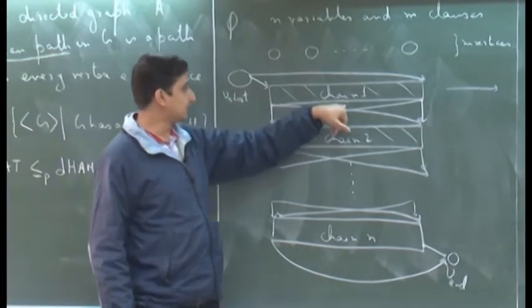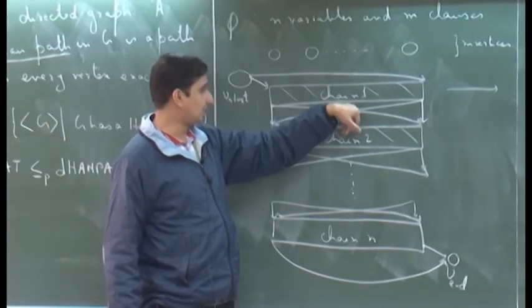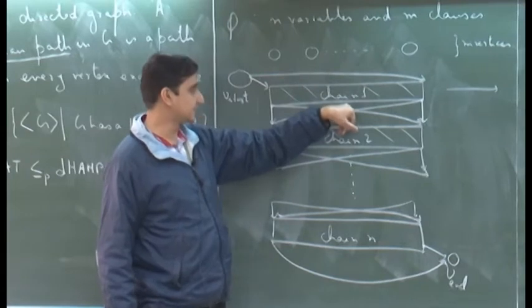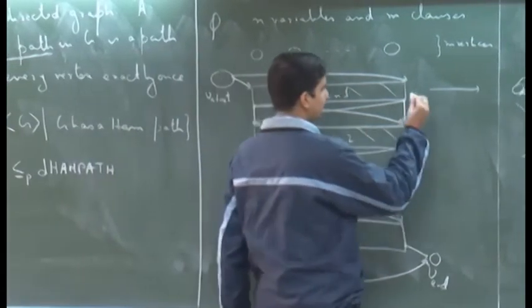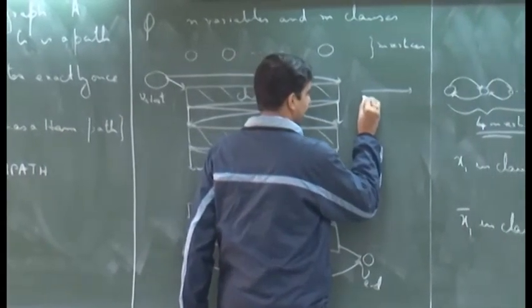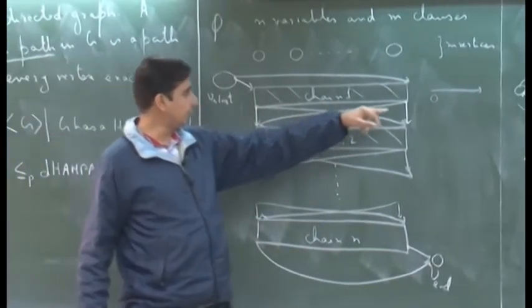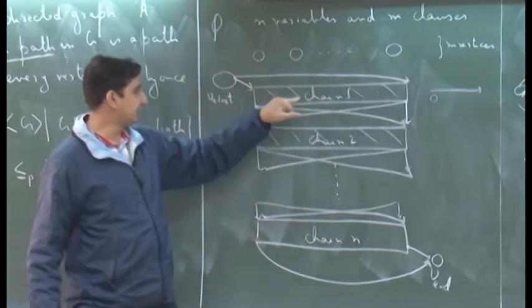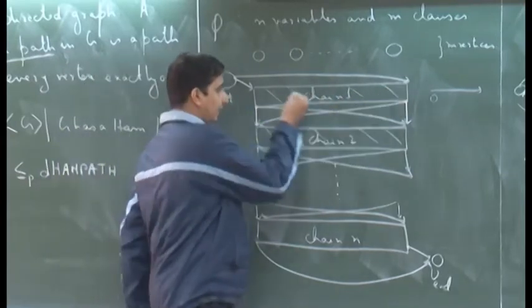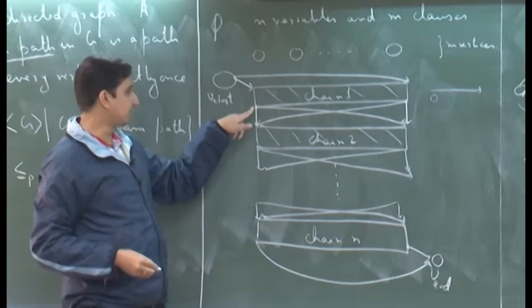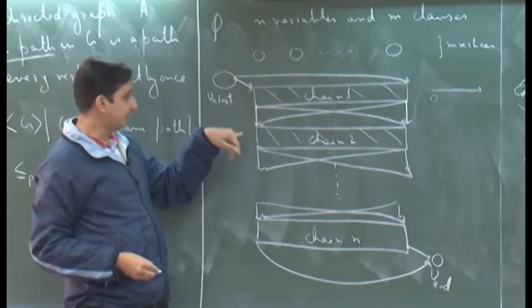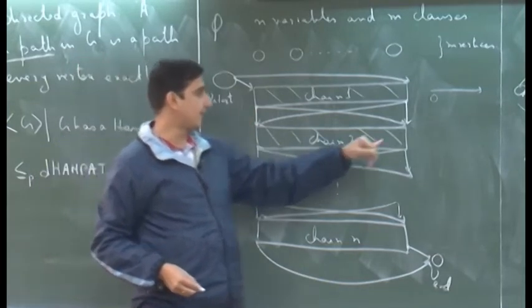Suppose chain 1, which corresponds to the first variable, gets a value 0. Then we traverse this chain 1 from right to left, we come to the head of chain 1, then we look at chain 2 and see what value it gets.